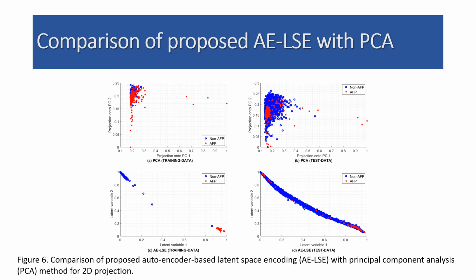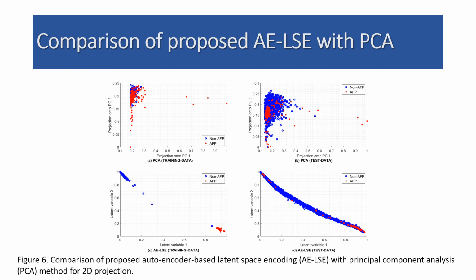Furthermore, for an insightful understanding of CKSAAP representation-based classification of AFPs using the given dataset, we present a comparison of PCA and the AFP LSE method. For visual assessments, the data were projected on 2 dimensions, utilizing the top 2 eigenvectors in case of PCA and 2 latent space dimensions in case of AFP LSE.